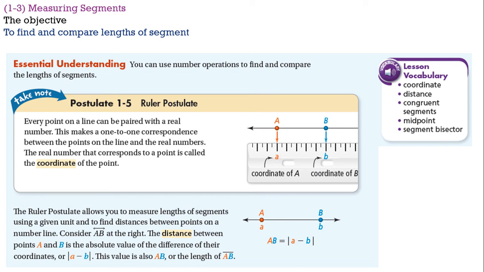So, the ruler postulate says every point on a line can be paired with a real number, which means any point on a line.